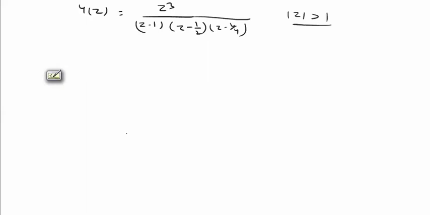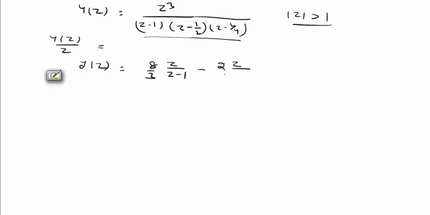By partial fractions, we get the result in this way: 8/3 Z upon Z minus 1, taking partial fractions A, B, C for the three factors, first dividing by Z and then solving, minus 2 Z upon Z minus 1/2, plus 1/3 Z upon Z minus 1/4, with ROC Z greater than 1.